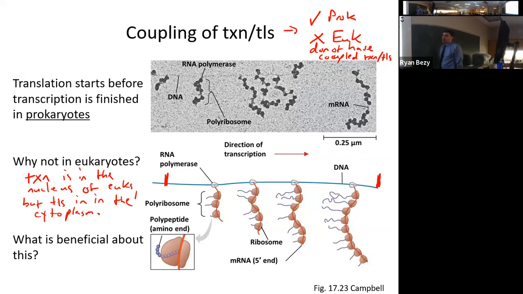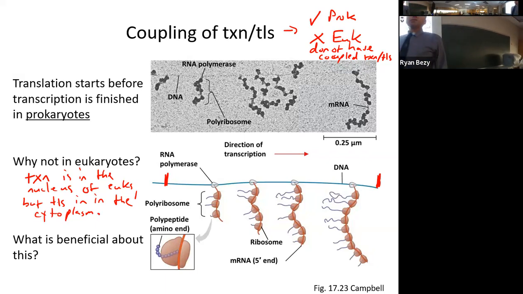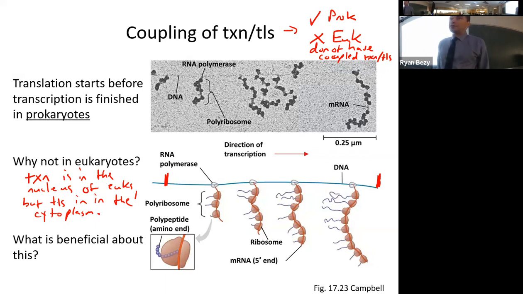So inside of eukaryotes, RNA polymerase, you only find it in the nucleus with the DNA, but ribosomes are always in the cytoplasm of eukaryotes. So in eukaryotes, you have the DNA in the nucleus, RNA polymerase binds to it, makes a messenger RNA, but that messenger RNA then has to migrate out of the nucleus into the cytoplasm where it then binds to a ribosome. You cannot couple transcription and translation together in eukaryotes because they're in 2 different compartments of the cell, 2 different places inside the cell. So you can't couple that together.